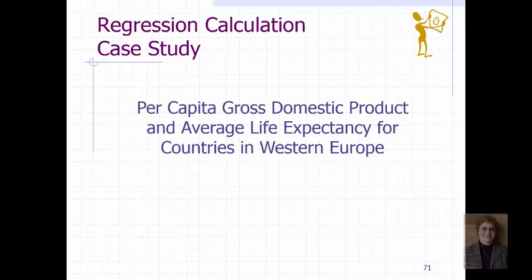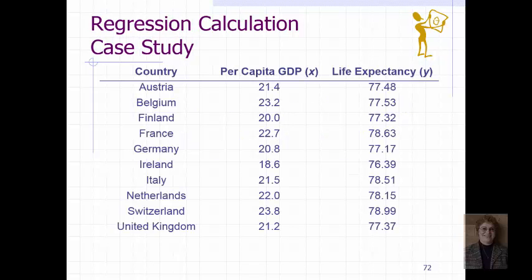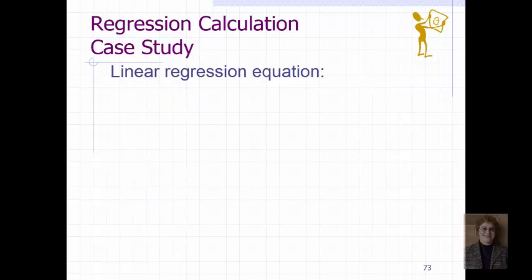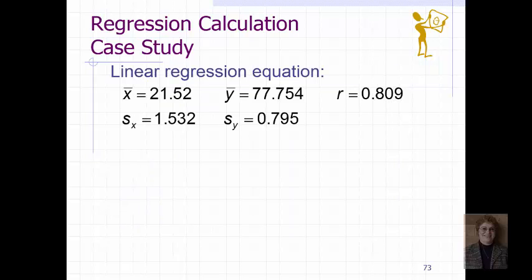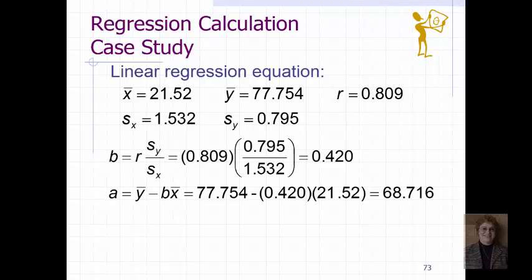Back to our product and average life expectancy. You've seen this data before, and we can calculate the line of least squares regression using the summary, and this is what we get.